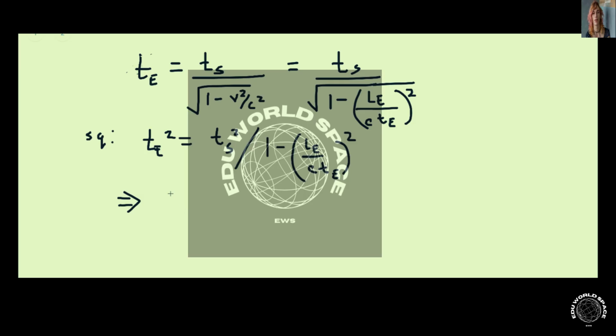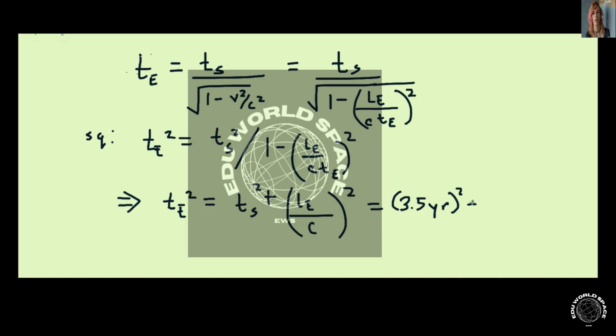Te squared will be equal to Ts squared plus Le over c, quantity squared. Okay, and so Ts squared we already have, that's 3.5 years, square that, plus Le will be 6 light years, but a light year is just light traveling at velocity c in 1 year.